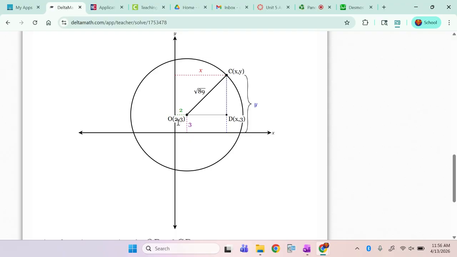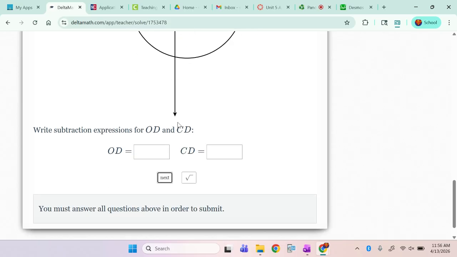Minus 2, because 2 is my x value, my center. What about here? What values am I using, x or y? Y. So we will have y minus 3, because 3 is the y value of my center. So that's what they're going to ask us: x minus 2, y minus 3.